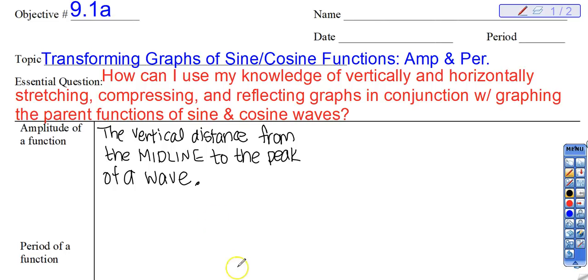The vertical distance from the midline to the peak of a wave. The midline being equilibrium, and then the distance from the midline to the peak.